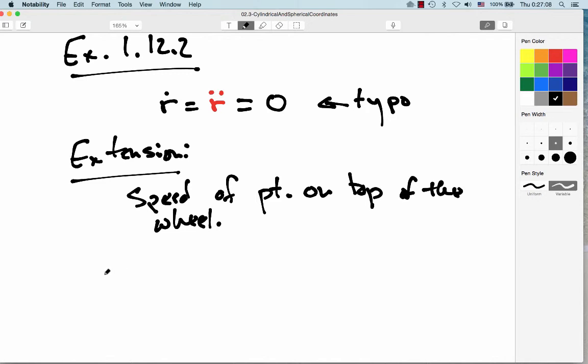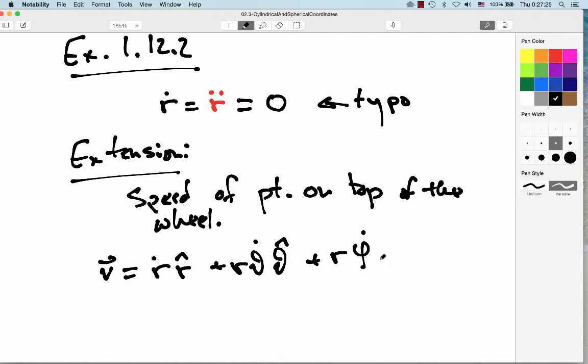So we have from before that the velocity would be r dot r hat plus r theta dot theta hat plus r phi dot sine theta phi hat. Now putting in what those things are, r dot has to be 0, right?